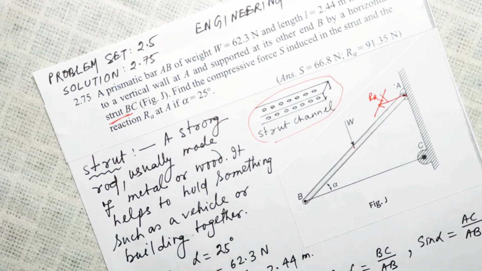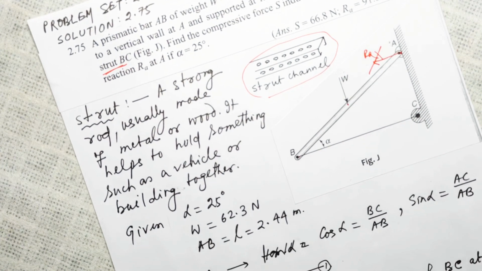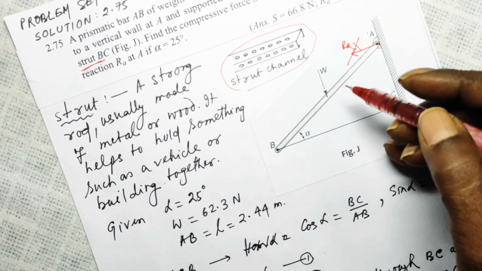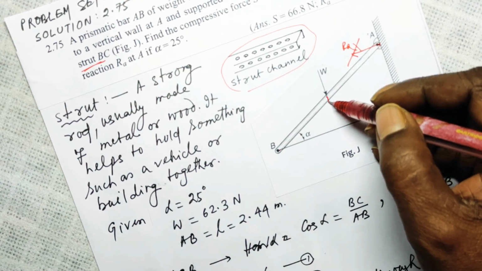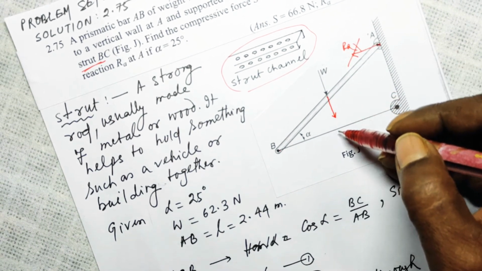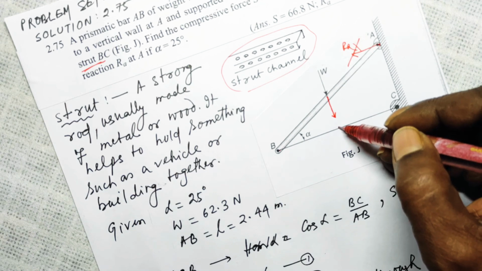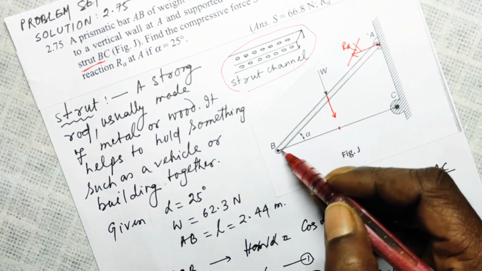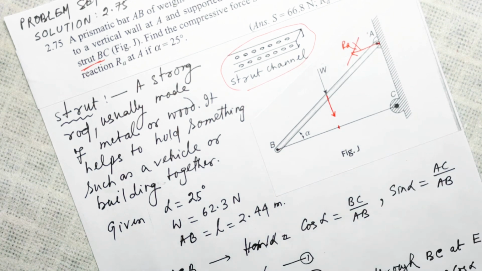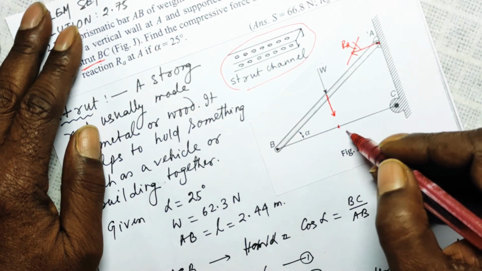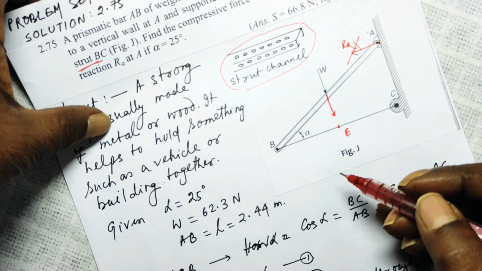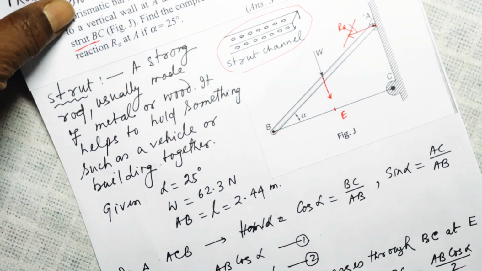Now given alpha is equal to 25 degrees, the weight of the prismatic bar AB acts from the center of mass vertically downward. And when this is produced, it meets the strut BC at this point, which I will call E. And now look at the triangles.